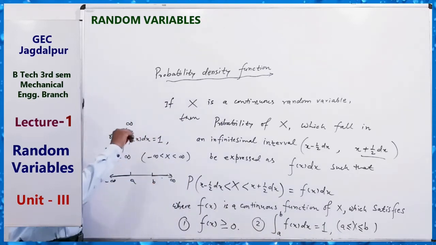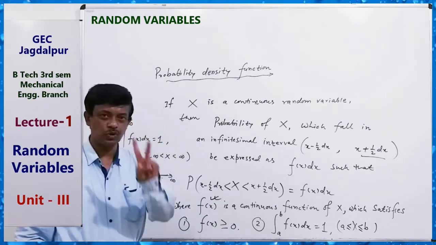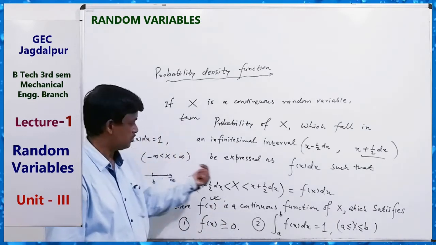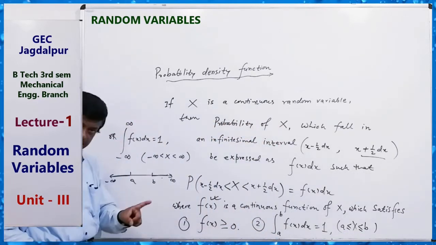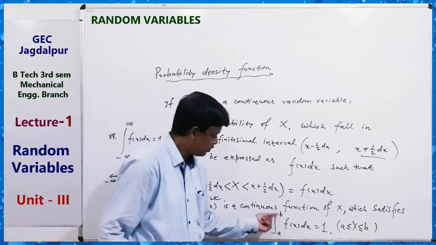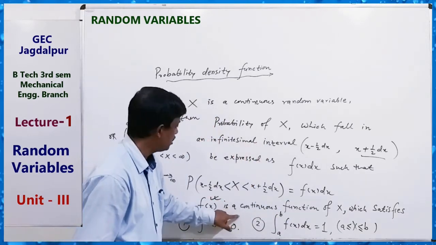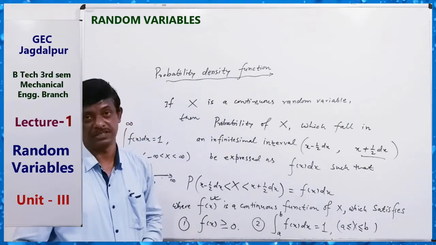So this f(x) satisfies two conditions. f(x) is greater than or equal to 0 for all x in the interval. Second, the integral from a to b of f(x) dx equals 1. Then this function is called the probability density function.